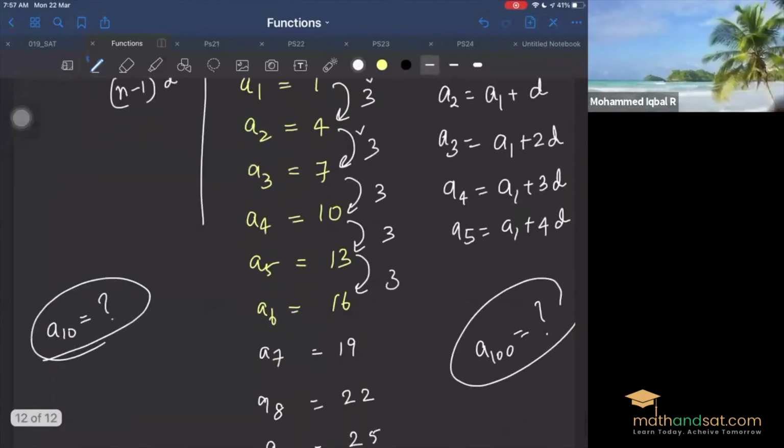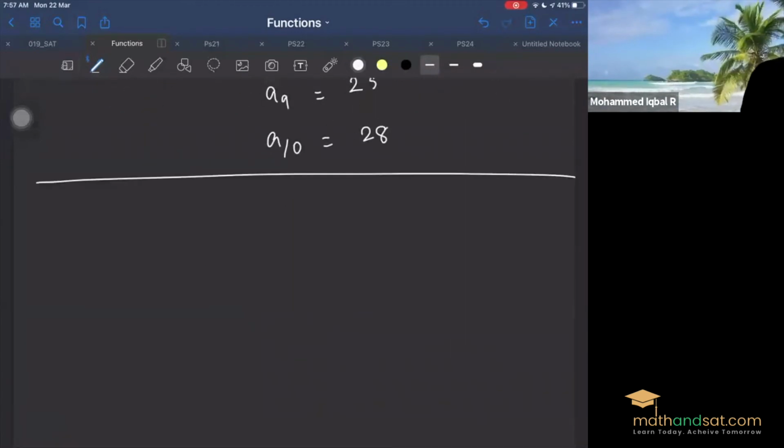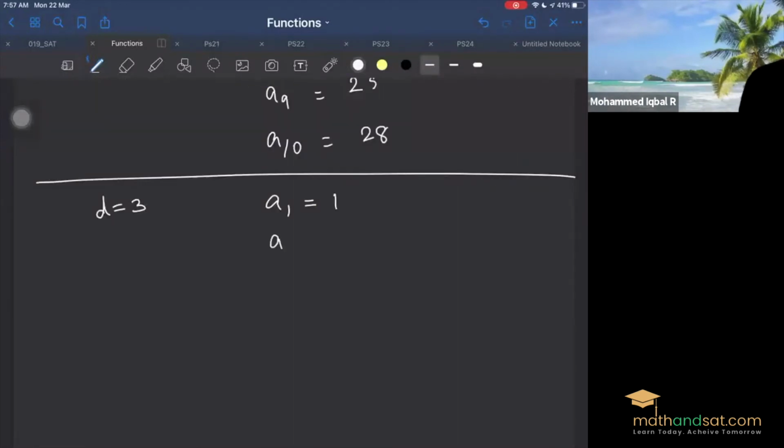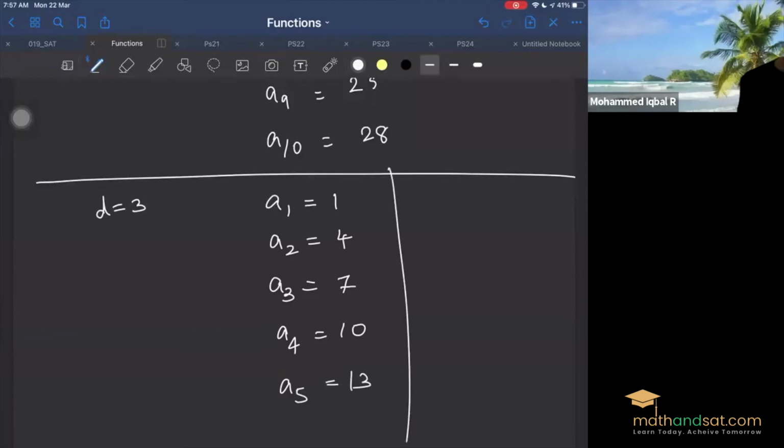I'll explain once again. Please listen carefully. We have d is equal to 3. Your a1 is 1, a2 is 4, a3 is 7, a4 is 10, a5 is 13. In this specific example, to arrive at a2, we added 1 plus 3. To get a3, we added 2 times 3 to 1.